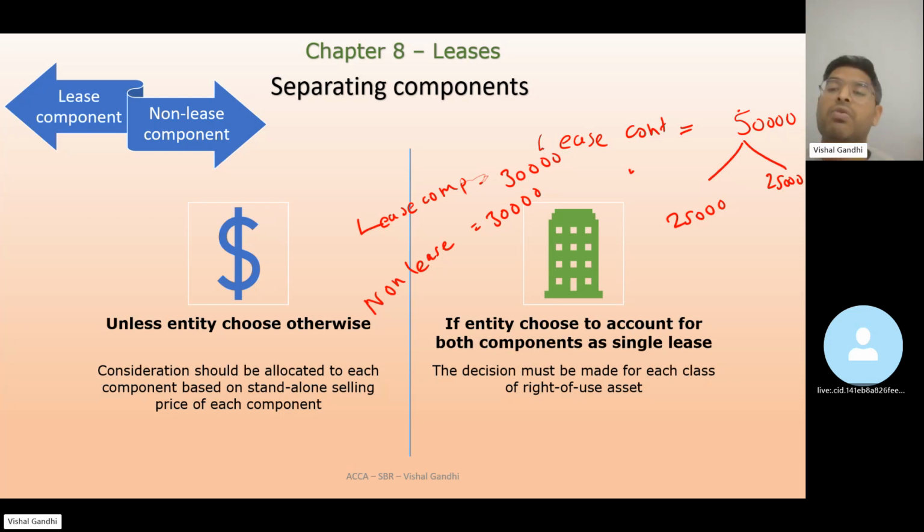So we have to divide it in that ratio. And if the entity chooses to account for both components as a single lease, they can do that. But the decision must be made for each class of right of use asset. So it won't be that one building is treated this way and another building that way. For that entire class of assets, they need to use the same approach.